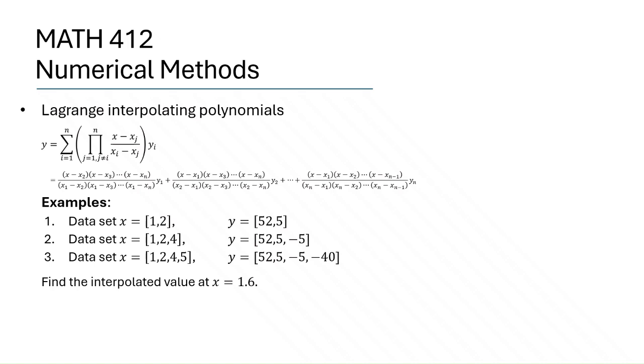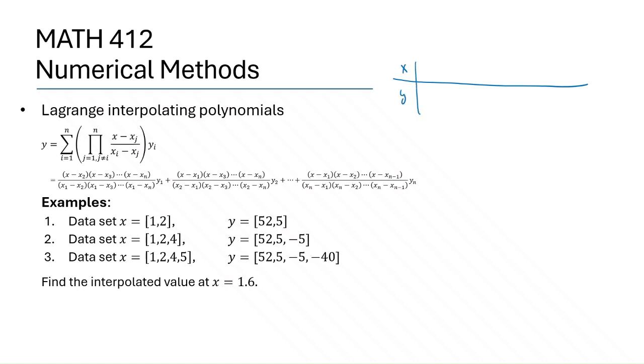Now, Lagrange interpolating polynomials is this way. If we expand it, it's this. And we'll see how to set up this. Can you see something special here? Given data set is x, y.